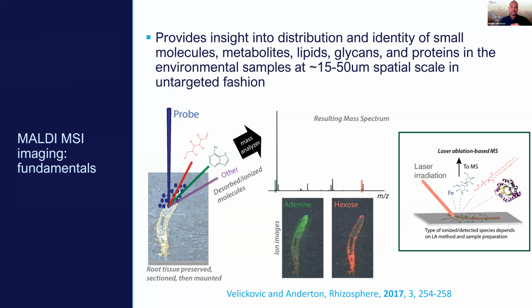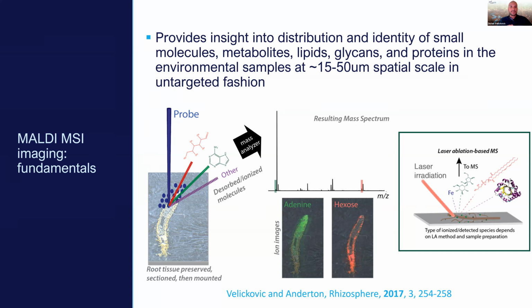So MALDI mass spectrometry imaging, as other mass spectrometry imaging techniques, provides insight into distribution and identity of different kinds of molecules: primary and secondary metabolites, lipids, glycans, even proteins. And what is important, it does so in an untargeted fashion. You don't need to know anything about the chemistry of the sample before you analyze it.